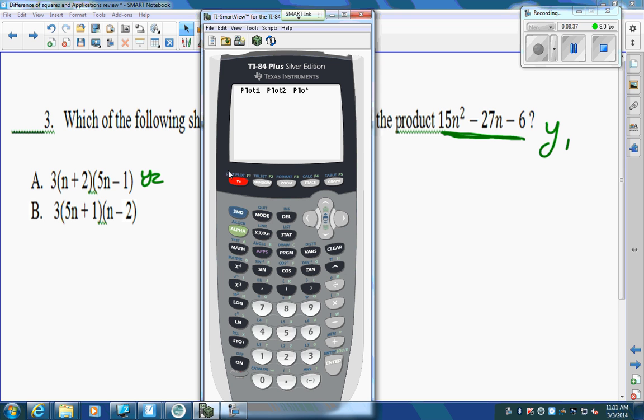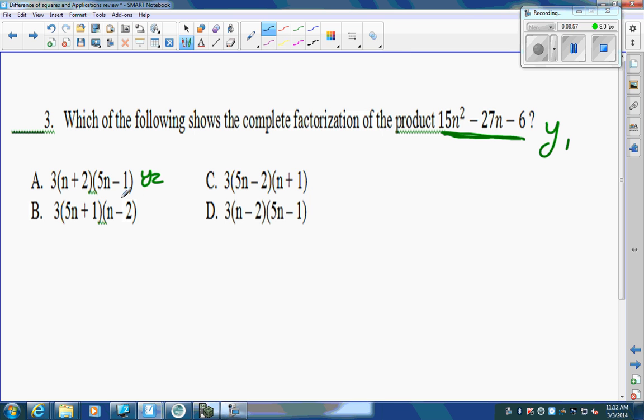So now I'll go to letter B. Let me put in there 3 parentheses, 5x plus 1, and x minus 2. I'm going to go second graph. And are these the same? Yes, they are. That means that my answer is B for this one.